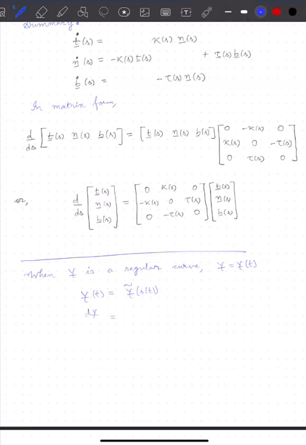So d gamma by dt is equal to d gamma by ds into ds by dt. Let this be the unit speed parameter. Or maybe, to remove all this confusion, let's just take this to be the tilde, right?